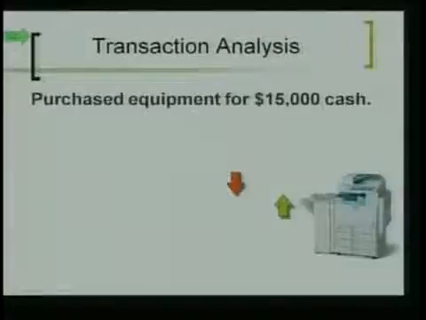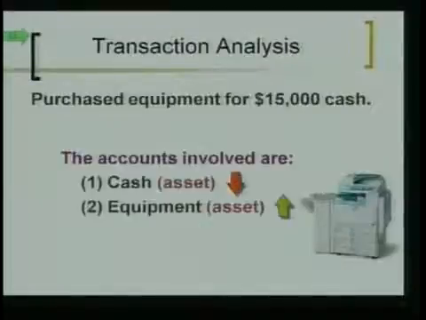Let's look at another transaction. This time we purchased equipment. Equipment is not just Post-it notes and pencils, but it's something big like this big expensive photocopier. We purchased equipment for $15,000 cash. Okay, the first question you ask is, what are the accounts affected? Well, cash goes down by $15,000 and your account called equipment has just gone up by $15,000, right?